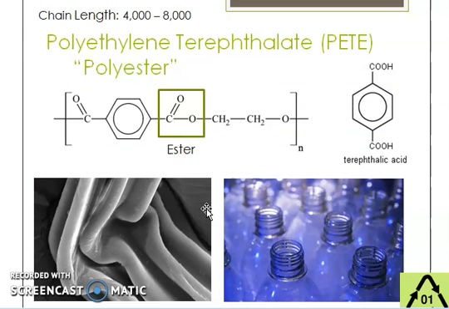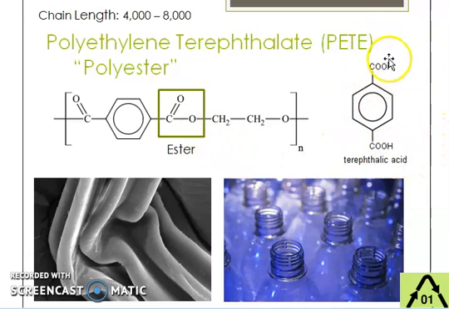Like polyethylene terephthalate, polyester. It is an example of polyester. The monomers of this polyester are terephthalic acid and ethylene glycol. What happens when ethylene glycol and terephthalic acid combine?